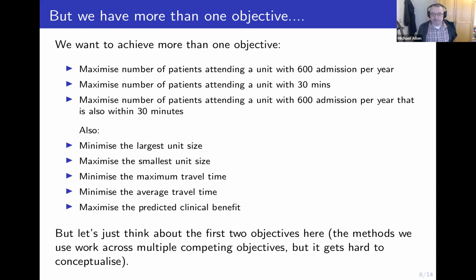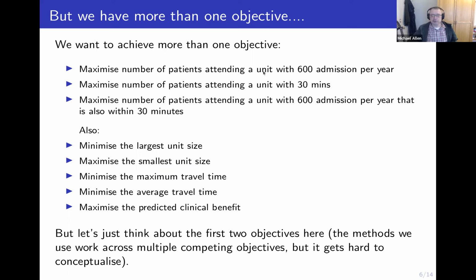It might be okay if we've got a high percentage within 30 minutes, but what if that's at the cost of some people being 120 minutes away? Is that okay or not? And then we want to generally minimize the average time, and mostly we also want to maximize the clinical benefit from thrombolysis.